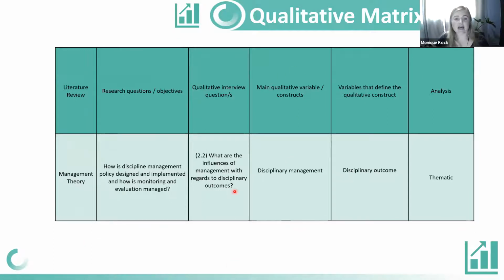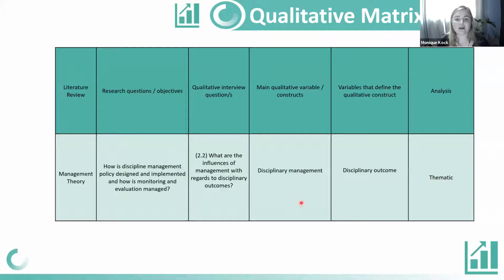You would also be able to note down, with regards to this qualitative research question, what is the variable or the construct that we are looking at? Because in the end, these variables or constructs might become your themes. We would also be able to further see, are there variables that define the construct? So these variables that you identify here can become, for instance, preliminary codes. And in the end, you would also note down what analytical process you are going to use.